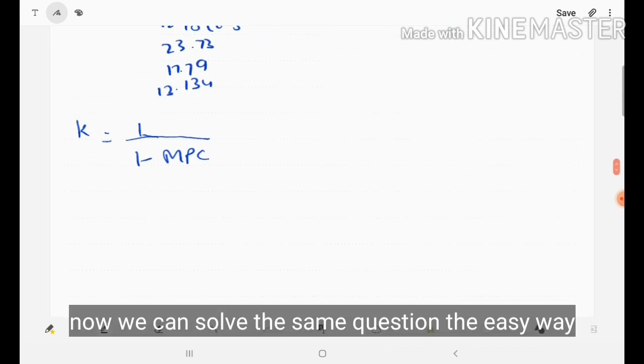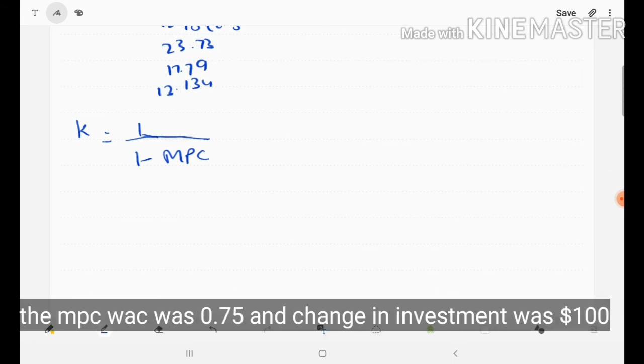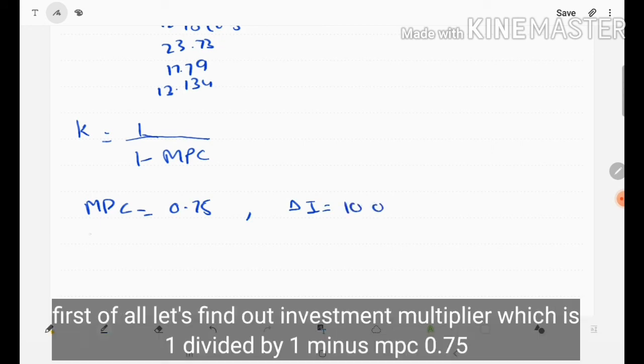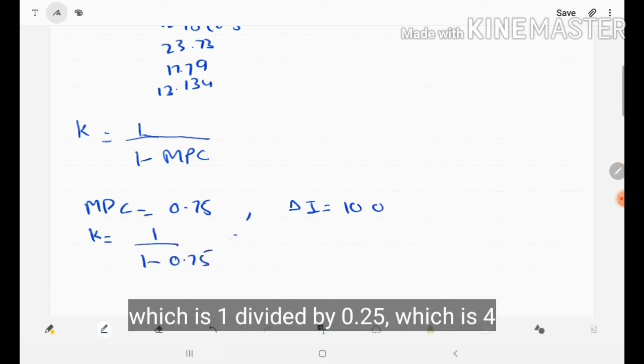Now we can solve the same question the easy way. The MPC was 0.75 and the change in investment was 100. First of all, let's find our investment multiplier, which is 1 divided by 1 minus MPC, 0.75, which is 1 divided by 0.25, which is 4.